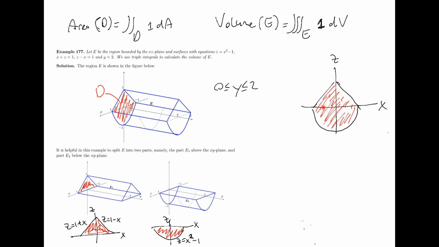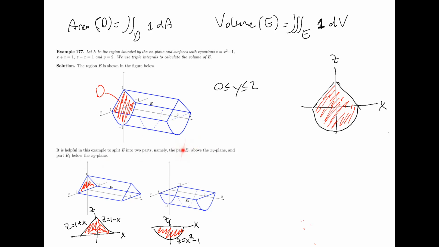If we want to do it as type 2, then we have to go from the left one to the right one. So this will be the start one, this is the end one. We see both of those curves have different behavior. So again, this leads to annoying things. This is why the book says it is helpful to split E into 2 parts, precisely because of this problem which I discussed over here, that the region D is not easily described as a type 1 or 2 region.